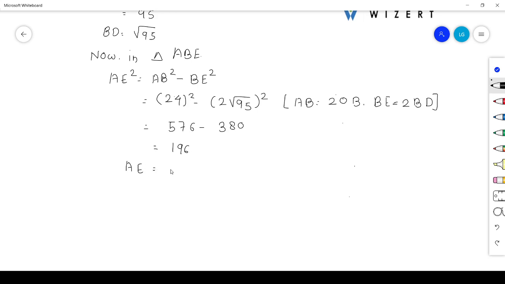So taking square root, we get AE equals 14.